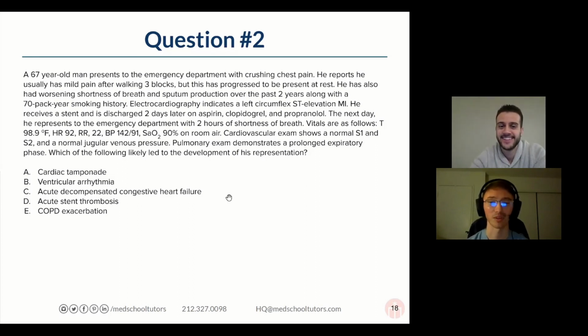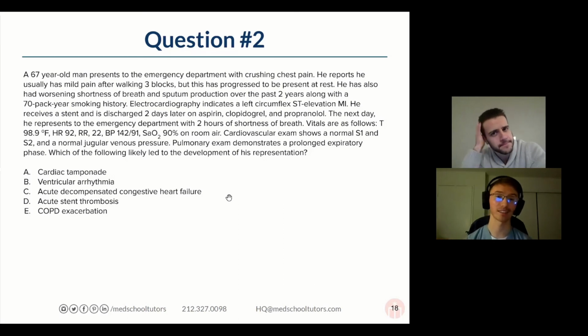Okay, so we did all of this without looking at the answer choices, or at least I halfway did. It's really hard without putting a sticky note on my screen. But we can then look at the answer choices. If you have a really good idea of what the answer choice should be, go and try to find it and then check that box. So let's look and see, boom, answer choice E, COPD exacerbation.